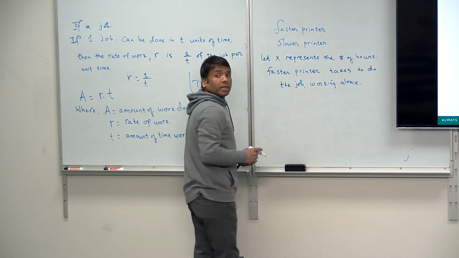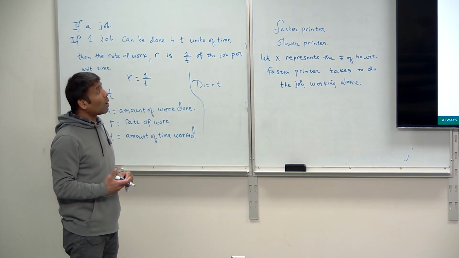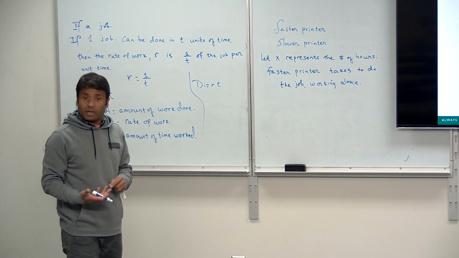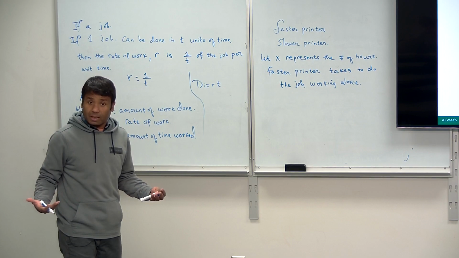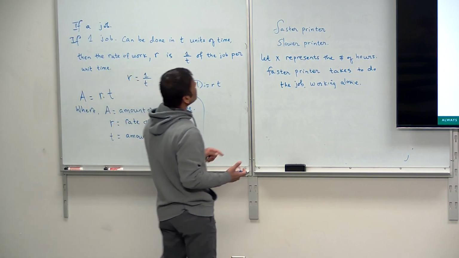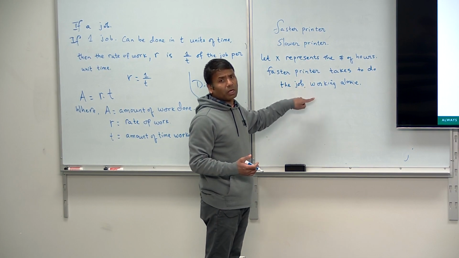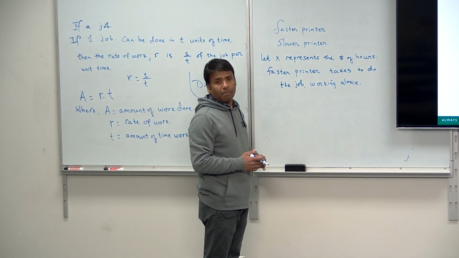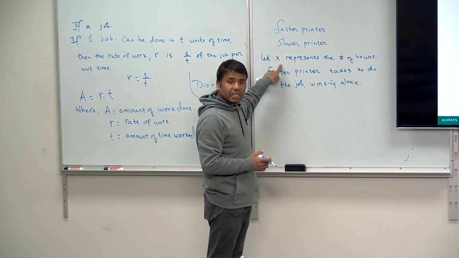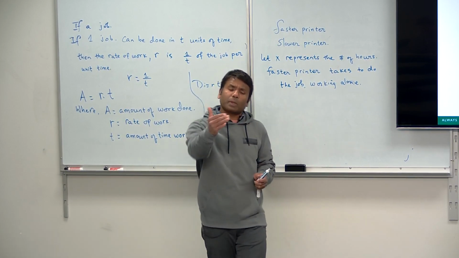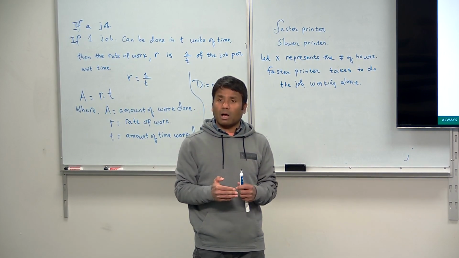So if you read the question, guys, the faster printer can do a job twice as fast as another printer. Is that right? Twice as fast as the slower printer. So now, how long does it take for the slower printer to complete the job working alone? We suppose the faster printer takes X hours to complete the job working alone.